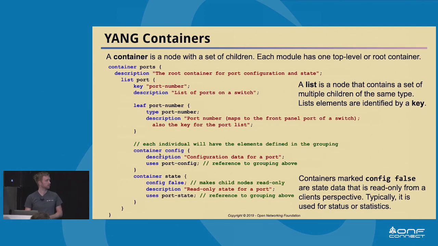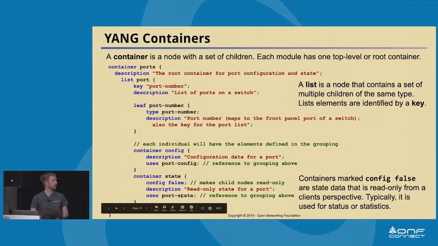And then we're going to include our two groupings. We have a config subtree, which is going to use the port config that we just defined. And then we're going to have a state subtree, which is going to use our port state grouping. You can see that in this case, we have something called config false here.